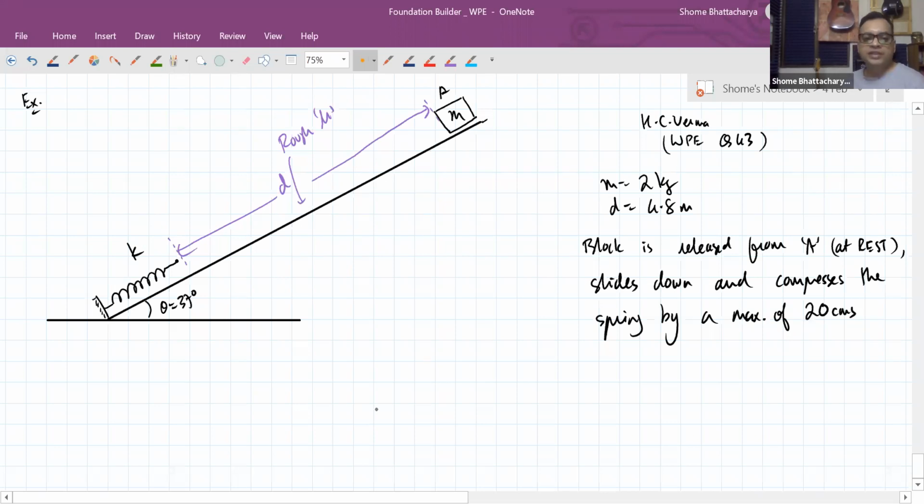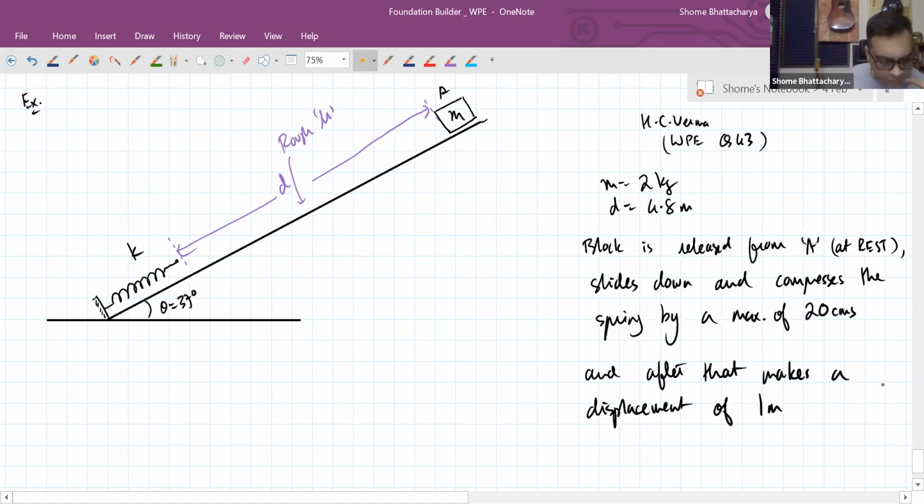So the maximum compression that the spring undergoes is 20 centimeters, and thereafter makes a displacement of 1 meter up the incline.